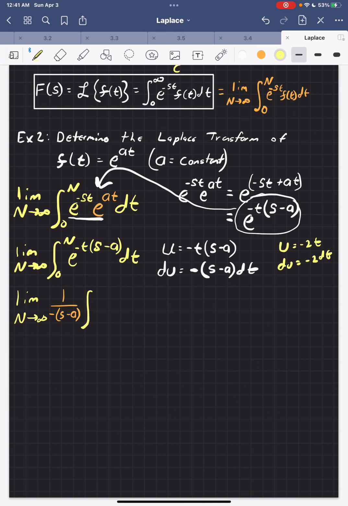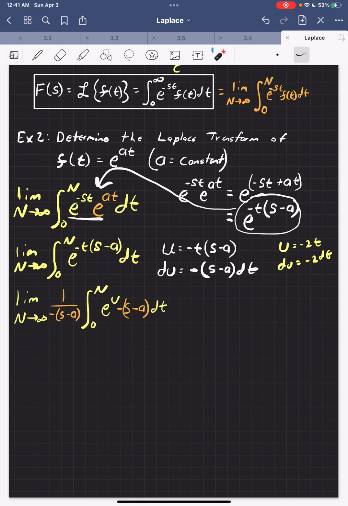And we want to go from 0 to n. And now this is going to be e^u. And all I'm going to do is go ahead and write that negative times s minus a here. And as of right now, it's dt.